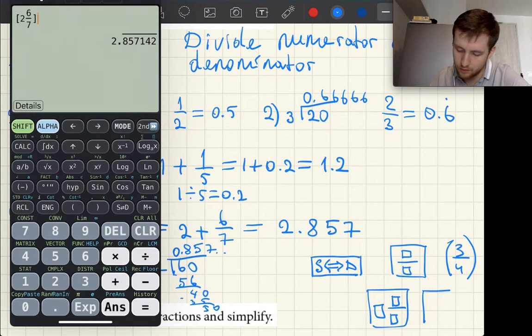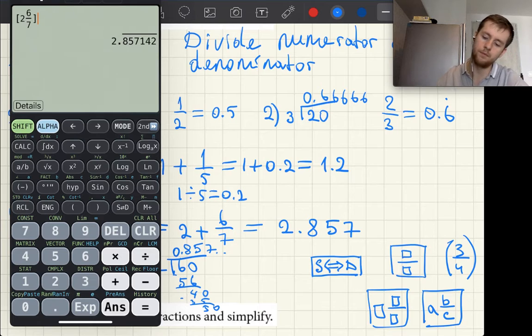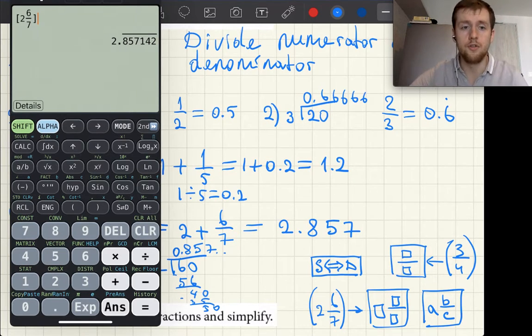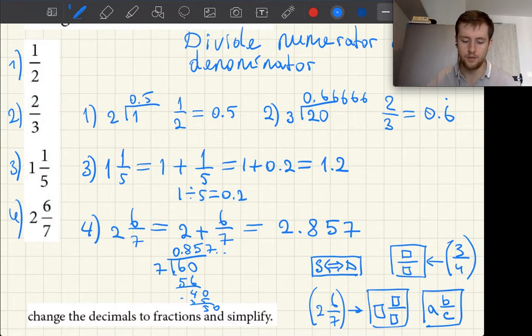Like in my calculator, it looks like this. So A and B over C, something like that. You can use this button to write mixed numbers. Okay, so that's it for fractions to decimals.